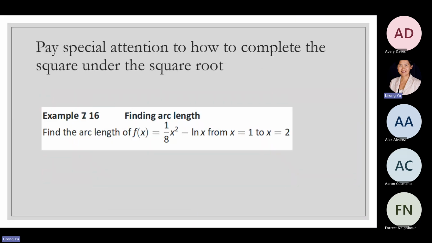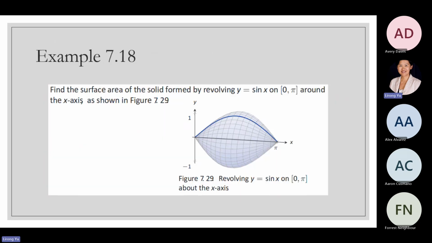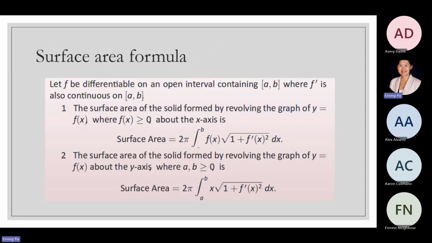When I mentioned the surface area formula, it depends on the axis of symmetry. If you're revolving about the x-axis, f(x) is what goes in the calculation. If you're revolving about the y-axis, it's 2 pi x, because the radius is the x value.